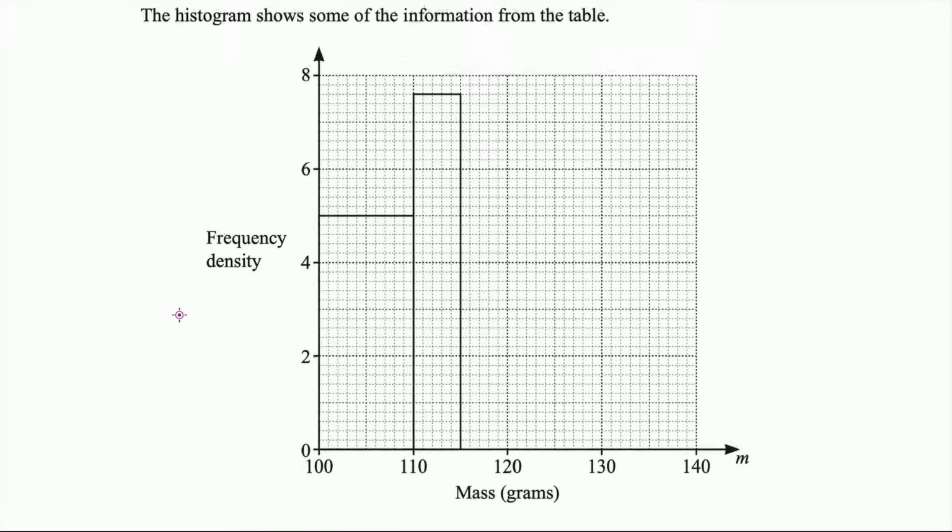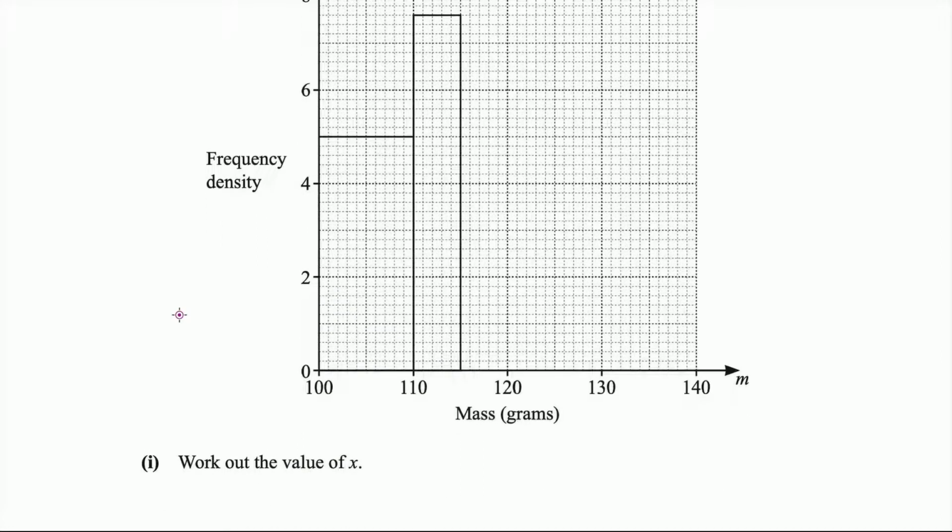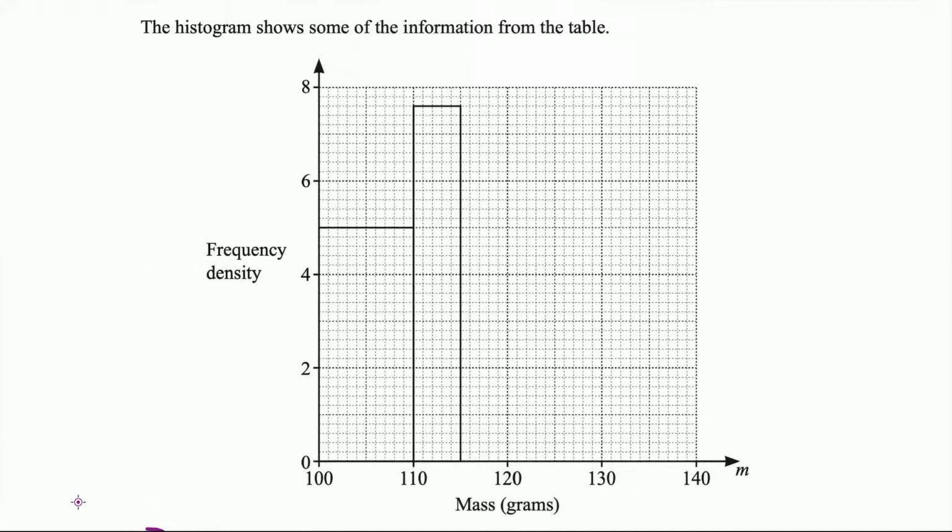What is the first question they are asking us? To work out the value of x. They have given us frequency density. So what do we know? Frequency density is equal to frequency by class width. Here the class width is 5.